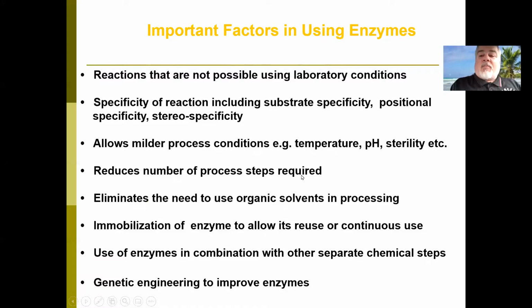You can reduce the number of process steps required to get your final product if you include enzymes in some cases. This is really important in pharmaceuticals. Reducing organic solvent use, which organic solvents have their own problems. And if you don't have to use organic solvents, if you can use enzymes instead, it is a safer, more predictable product.